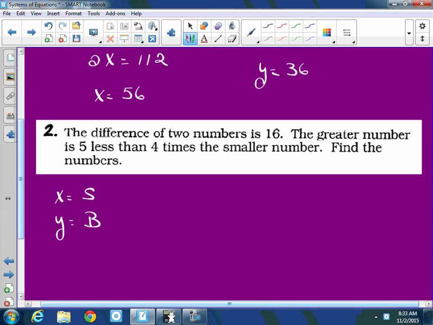Okay, the difference of them is 16. So is it X minus Y or is it Y minus X? Y minus X. How did you know that it was Y minus X? Because Y is the bigger one. Right? This is why it's important to identify which one is the smaller and which one is the greater one.